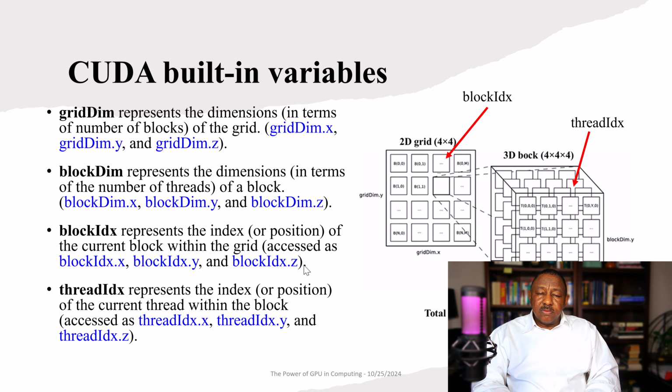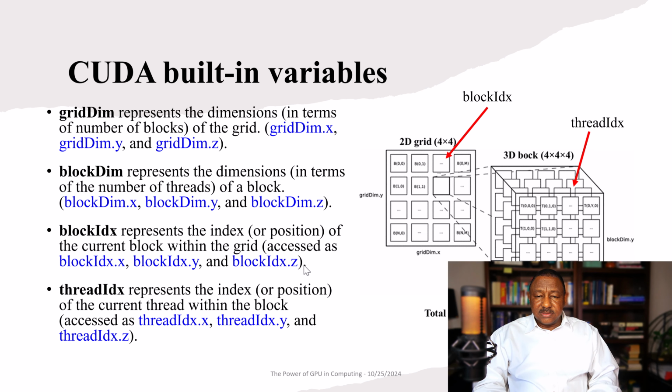There are also some CUDA built-in variables that we use, and they will help us do computing in CUDA programming, like gridDim, which represents the dimension of the grid, blockDim, which represents the dimension of the block, and blockIdx, which gives us the index of the block, and threadIdx for the thread index.